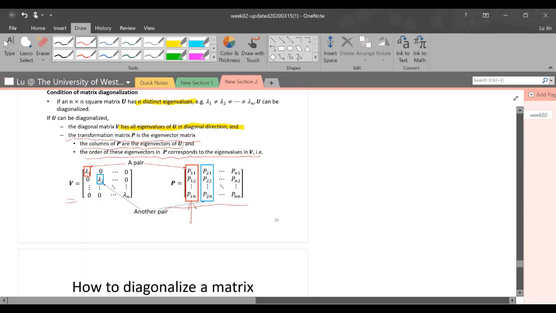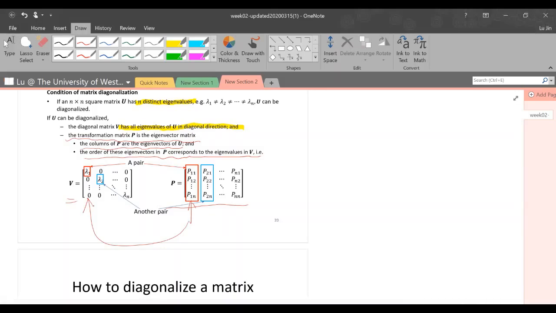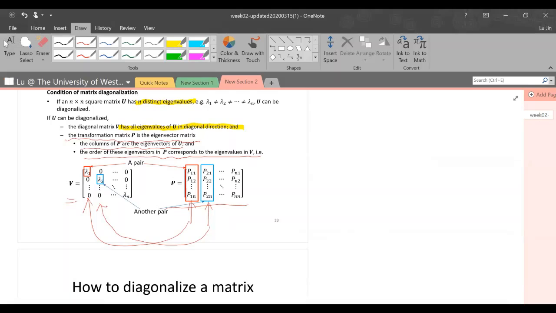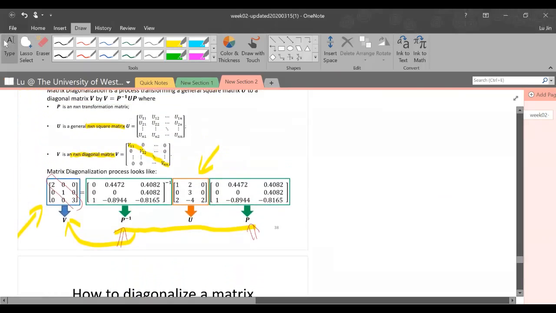This eigenvector corresponds to the eigenvalue in V in the same column position. For example, the second column in the transformation matrix P must be the eigenvector corresponding to the second eigenvalue given in the diagonal matrix V. So in other words, when you do the diagonalization, the final diagonal matrix and also the transformation matrix P are all related to the eigenvalues and the eigenvectors of this square U matrix itself.